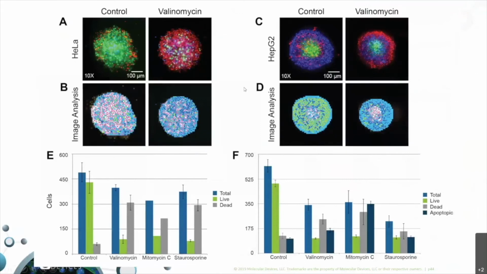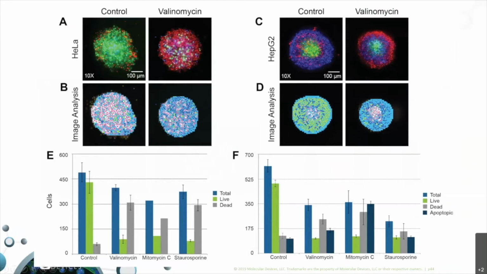Here in this example, you can see HeLa cell spheroids and also HepG2 spheroids stained with different markers. In this example, you can see a control spheroid, which has bright calcein AM stain and very few cells stained with ethidium homodimer. And you can see a treated spheroid, which has the majority of cells positive for ethidium homodimer.